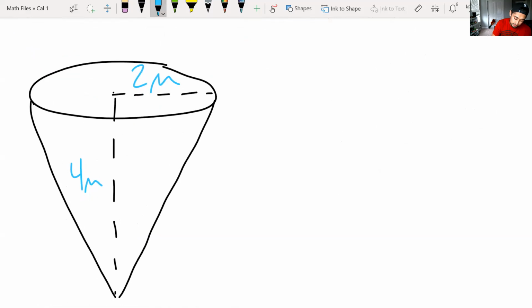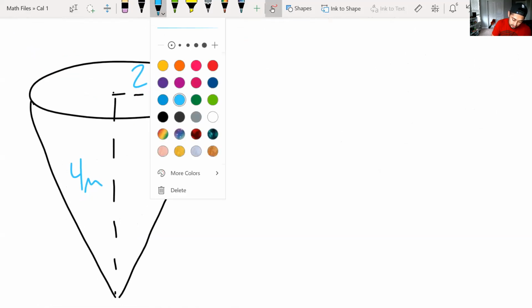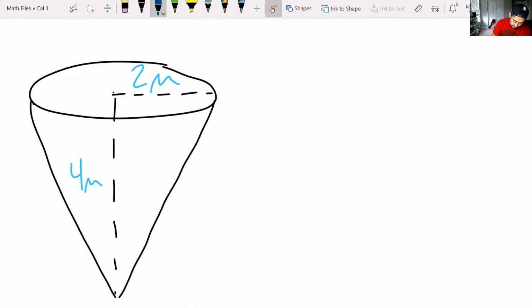Okay, so that means over here, let me change the color of my water. There we go. All right, so that's 4 meters. Here's my water level, okay? So there's my water level.